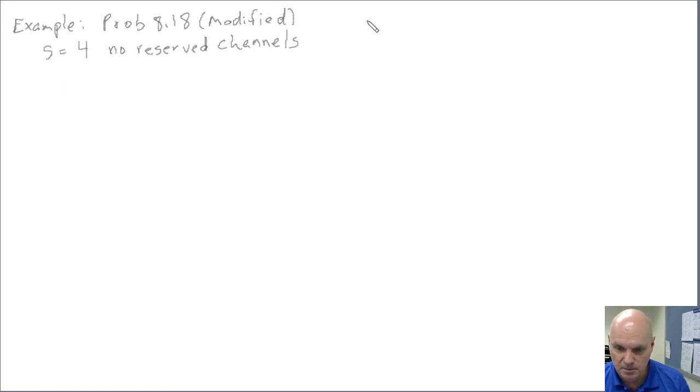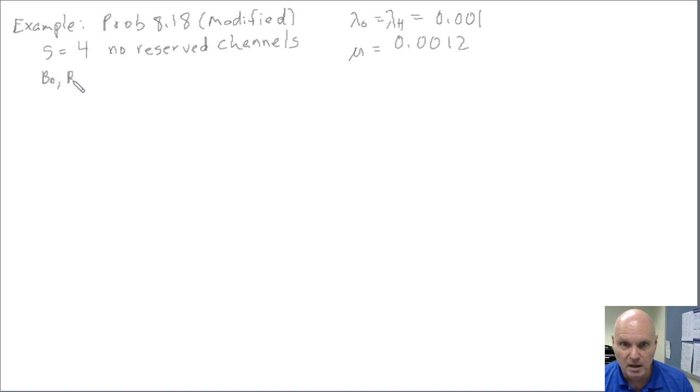The other change I'm going to make is we're given here the arrival rates of both originating calls and handoffs is 0.001, and then mu, I'm going to use a value of 0.0012. I think in the textbook, in the problem, it says 0.0003. I'll use a slightly larger value for reasons I'll explain later. And then what we want to solve for in this problem are the probability of blocking an originating call and the probability of blocking a handoff.